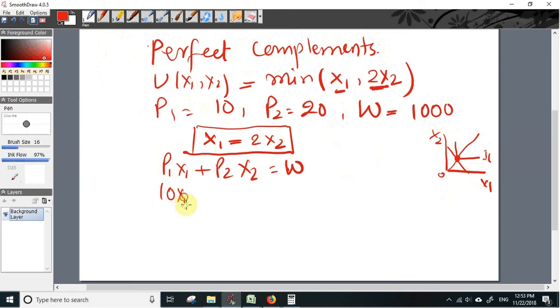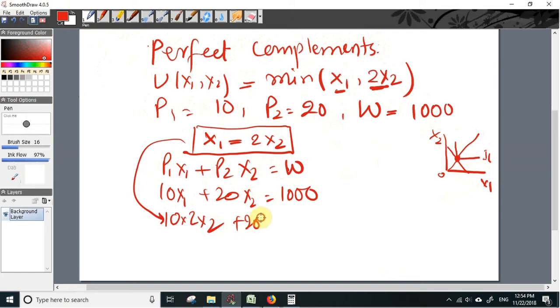In our case this is 10x1 plus 20x2 equals 1000. So this is 10 times x1, which is 2x2 from here, 10 times 2x2 plus 20x2 is 1000.